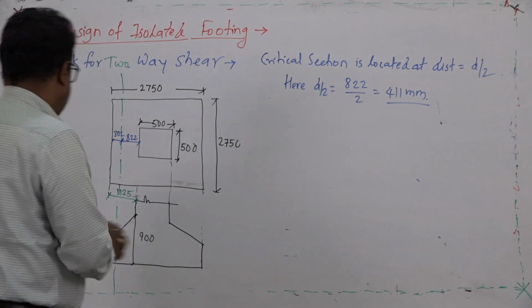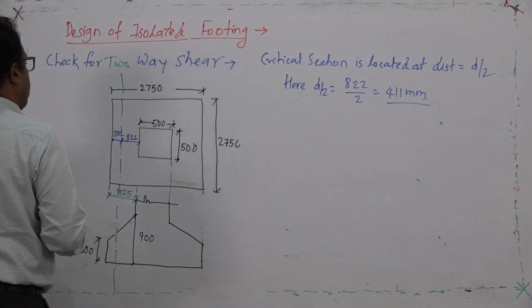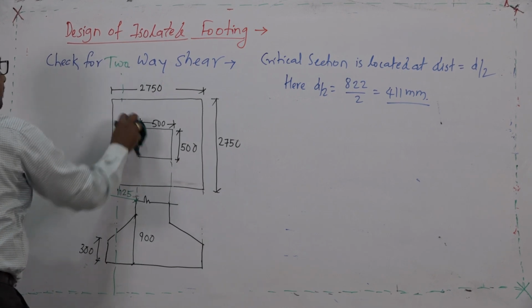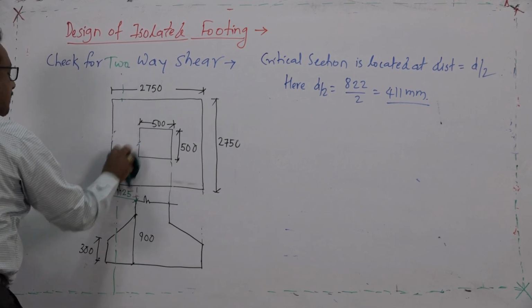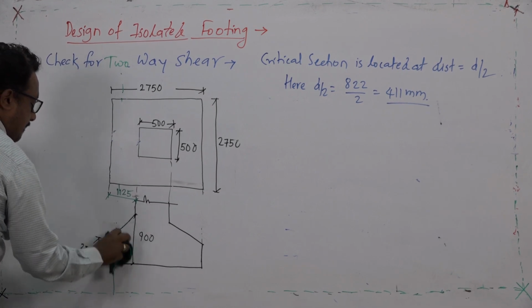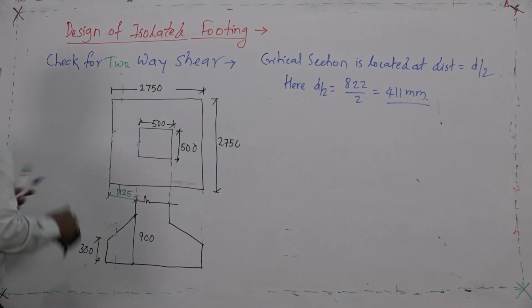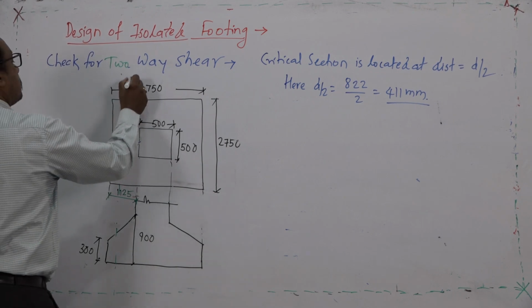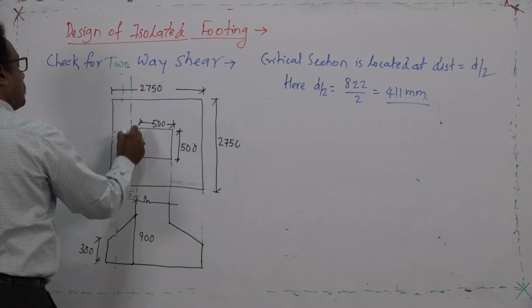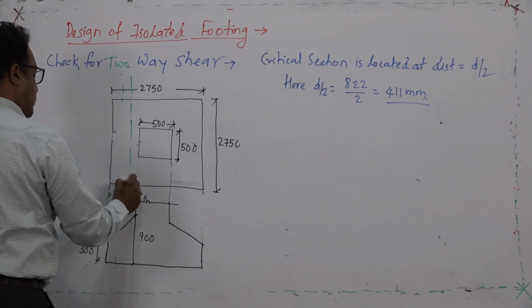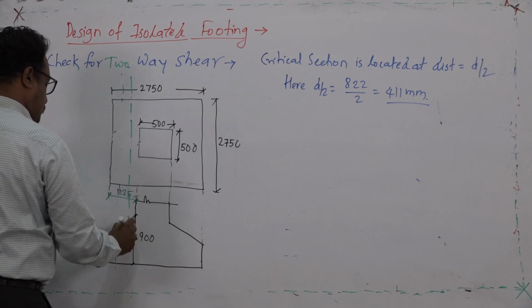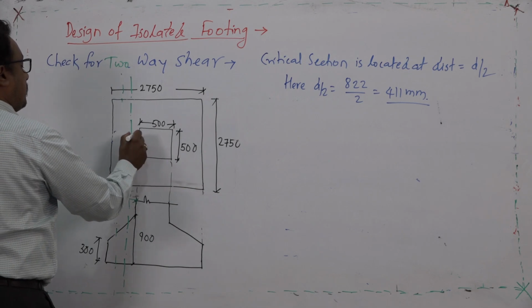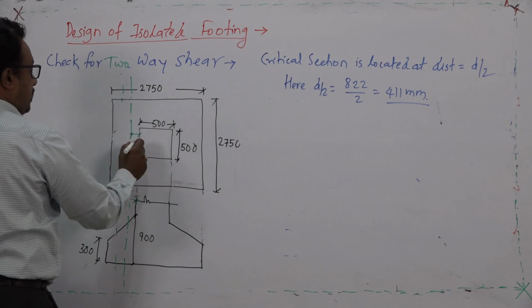So, I will remove this section line and I will draw a new section line which will refer to the action of a two-way shear.